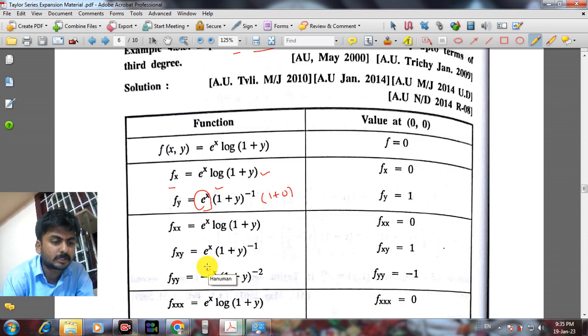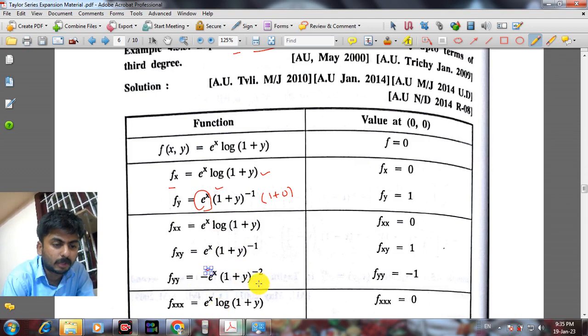So e power x can be kept as it is, and the derivative of 1 plus y whole power minus 1 is minus 1 into n x power n minus 1. So minus 1 plus y whole power minus 2. The minus will come in front.